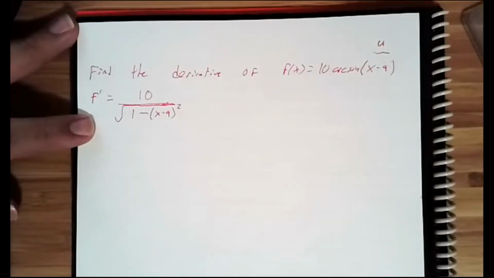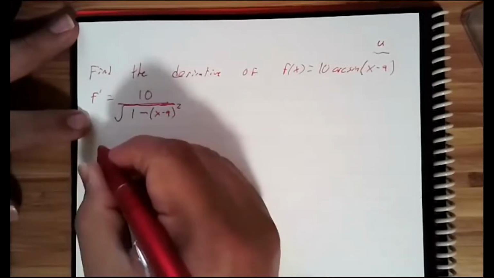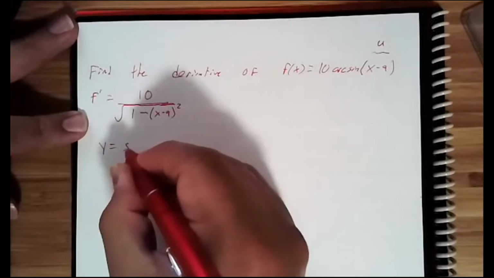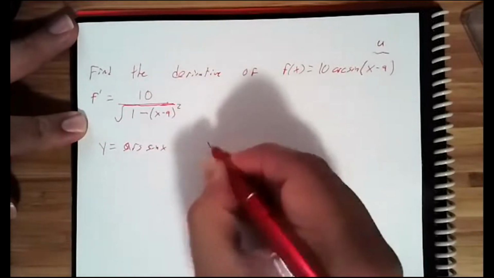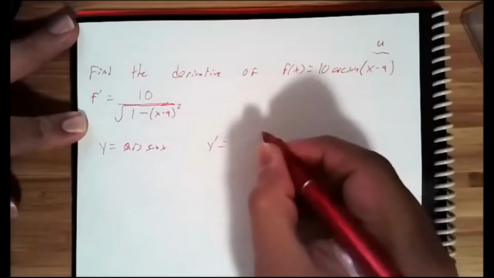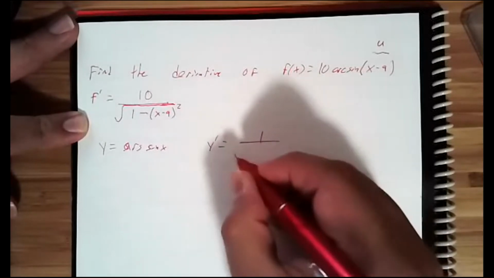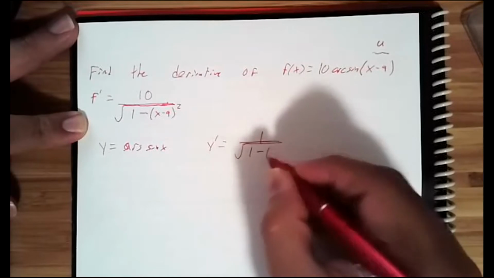Let me double check. Yeah, that's pretty much it. The formula you need for this, just go ahead and give it to you. If y is equal to arc sine, the derivative will be 1 over the square root of 1 minus x squared.